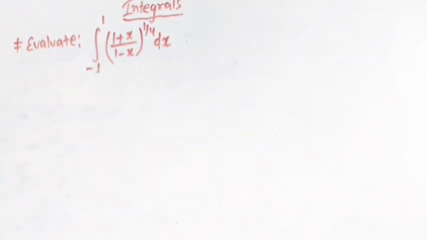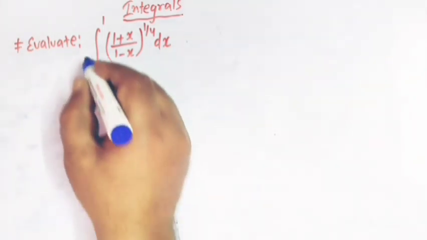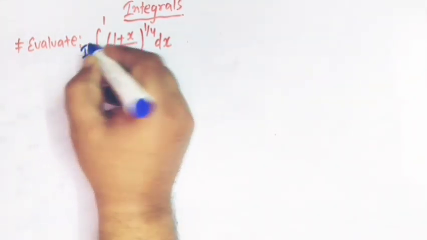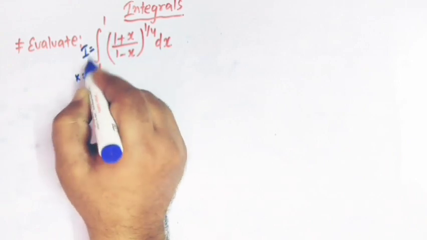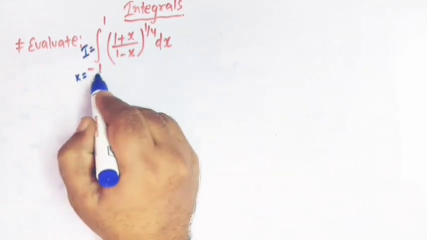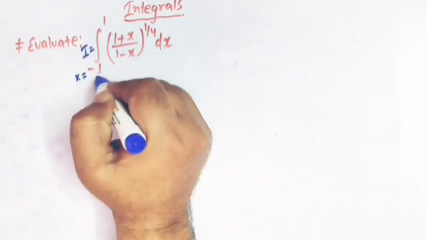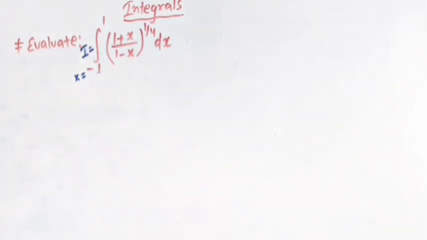So let us start. Let us call this integral I, right? And here the lower limit is -1 and the upper limit is 1. So the limits vary from -1 to 1, right?